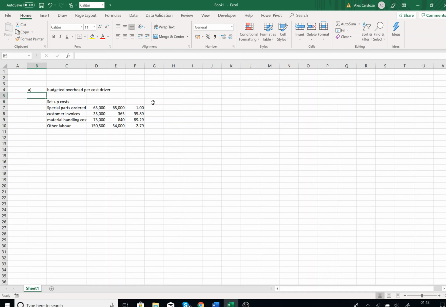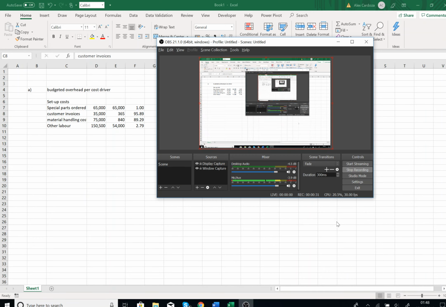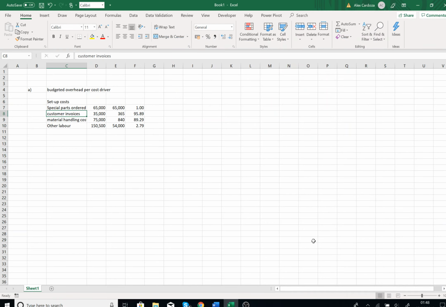So with activity-based costing, you have a situation where it's similar to absorption-based costing, but it's not exactly the same. It's a more sophisticated way of absorption-based costing. So what you do is you have certain costs and you say that those costs are related to a specific circumstance.